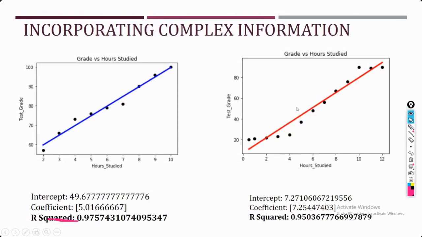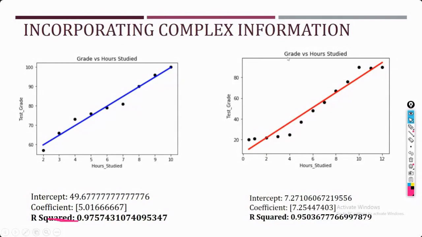If we go here, what I have done is I have just incorporated some curved structure in my data. The data is somewhat the same, but at this end and at this end I have incorporated some curved structure.